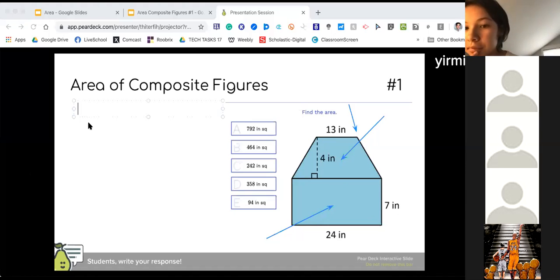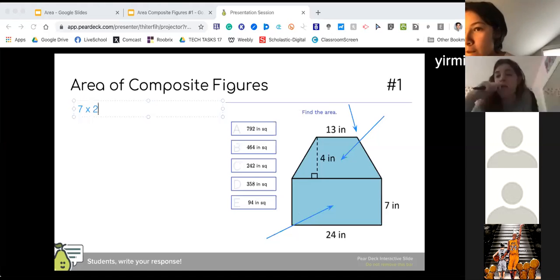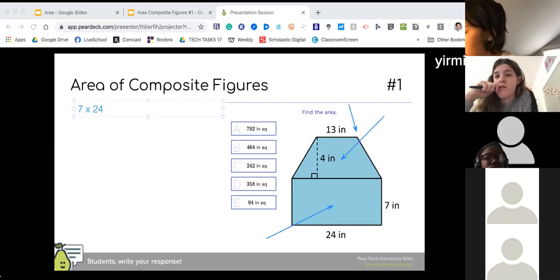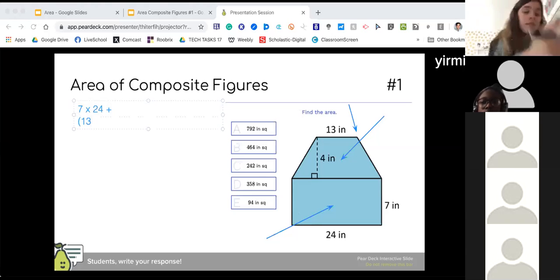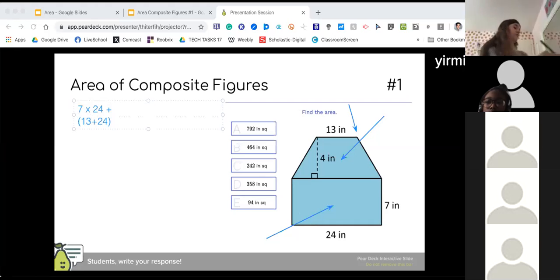So it's 7 times 24 plus 13 plus 24, half, times 4. And then add all that together, right?